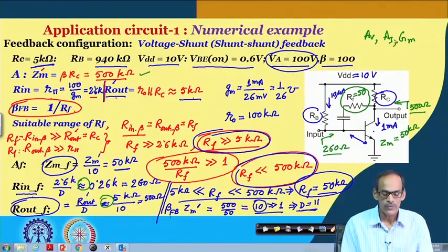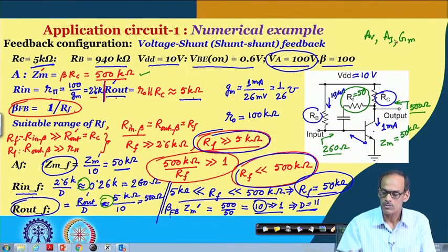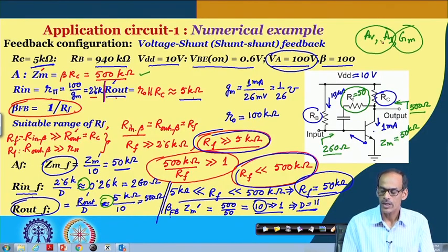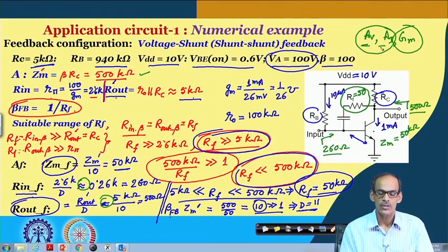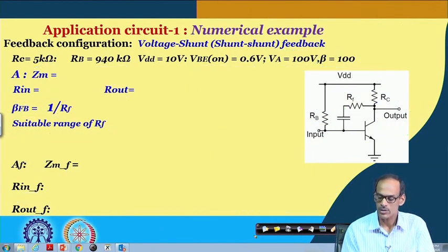So we already have discussed that this will not have any change, this will have a change, and that gets increased by a factor of D, which is approximately 10. So, this Gm will get increased by 10, and voltage gain and current gain remain approximately unchanged. So, that is about the numerical examples to show what kind of changes we have by connecting this feedback circuit. Likewise we can go for other examples.